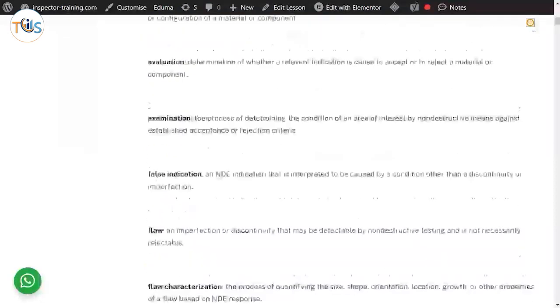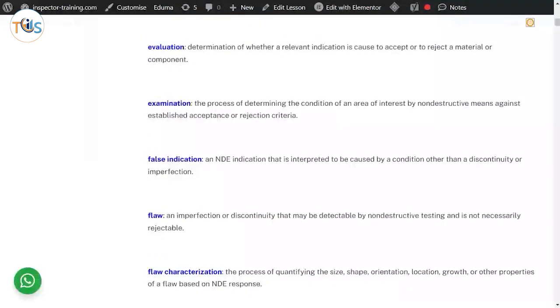Examination is exclusively for non-destructive examination within the context of ASME Section 5, and it's a process of determining the condition of a component or the area of a component. And false indication is an indication that is interpreted to be caused by a condition other than a discontinuity or imperfection.